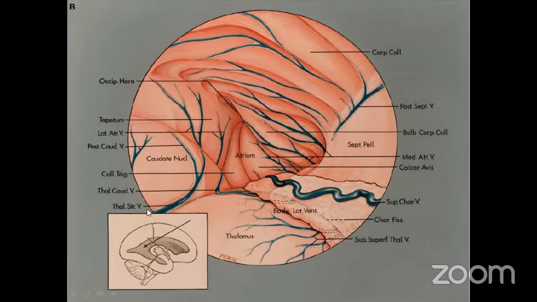We can also see a thalamocaudate vein which crosses the lateral wall, and it is posterior to the thalamostriate vein. This is the thalamocaudate vein, and this is the thalamostriate vein. The superior choroidal vein is also present, and it courses towards the foramen of Monro.